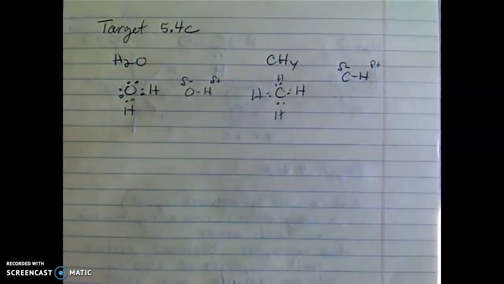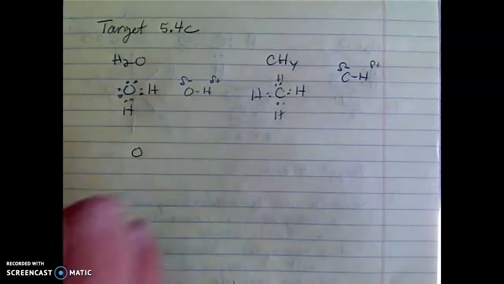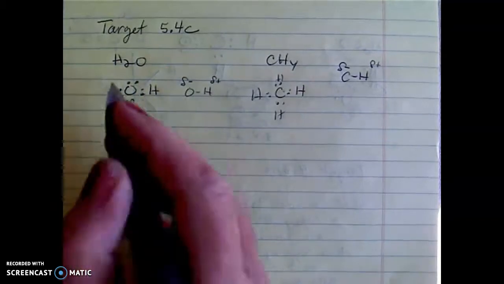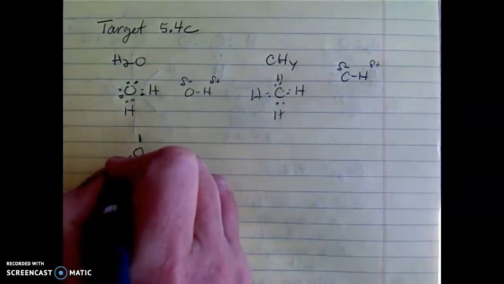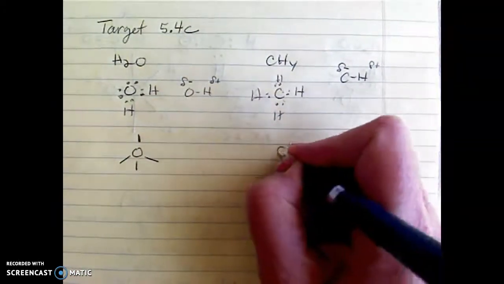So we know they have polar bonds, so now we have to look at the polar molecule. Now remember, all of our shapes start from the tetrahedral that represents your 4 shared pairs. So you've got 1, 2, 3, 4 pairs of electrons, so you're going to have your tetrahedral shape. Here you've got your 4 pairs of electrons.